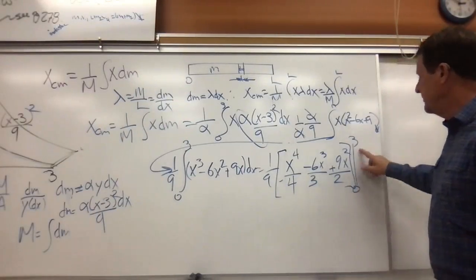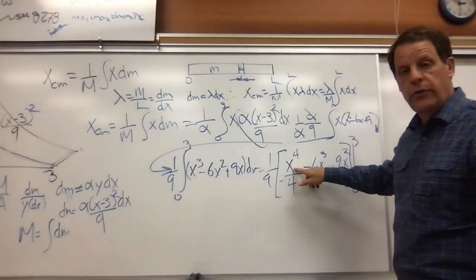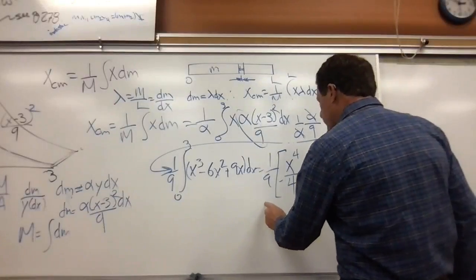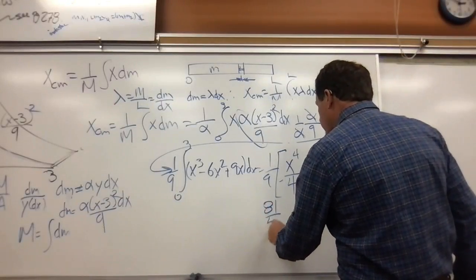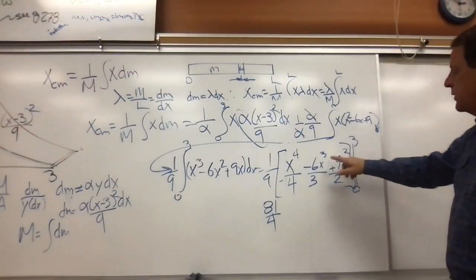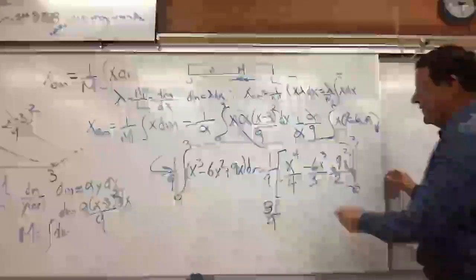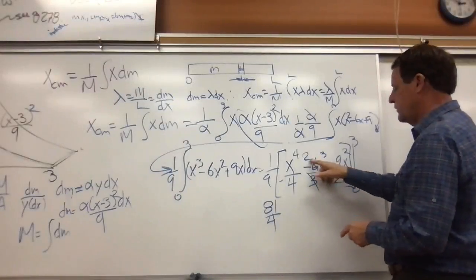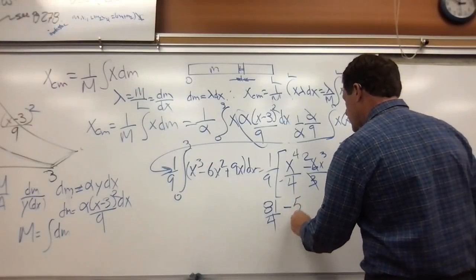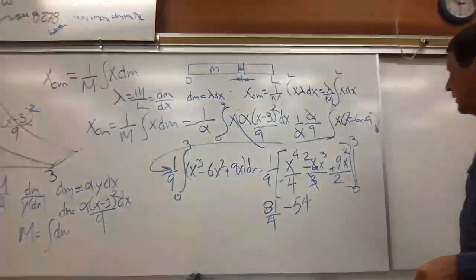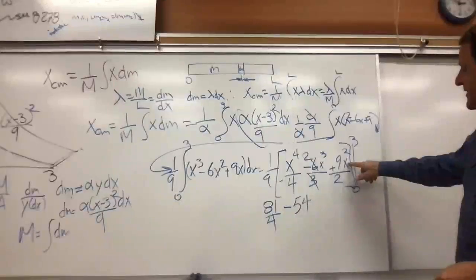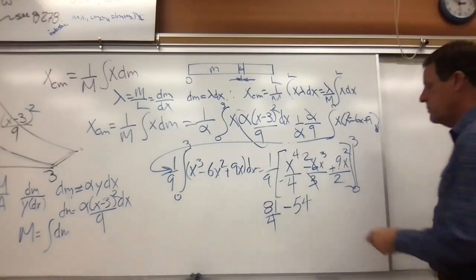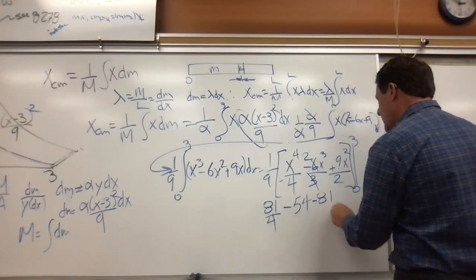All right, so 3 to the 4th power is 81, so we're going to have 81 fourths. 3 cubed is 27. We can multiply that, so 27 times 2 is going to be minus 54. We're going to say 3 squared is 9 times 9 is 81, minus 81 halves.